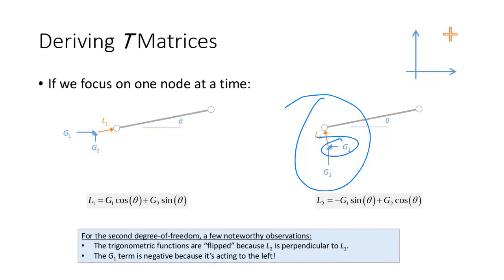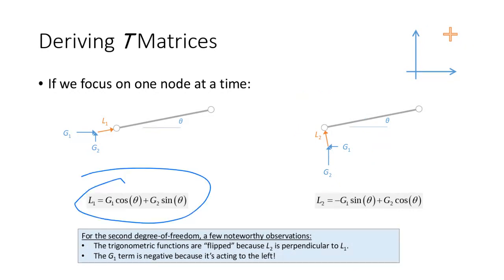It goes to the left, and forces to the right are positive. So if you look at my equations, everything's positive over here, but over here that term's negative, because if I take that local and turn it perpendicular, that's going to go to the left. Also, the trig functions are flipped because, remember, if you have a perpendicular line, you flip your trig functions.